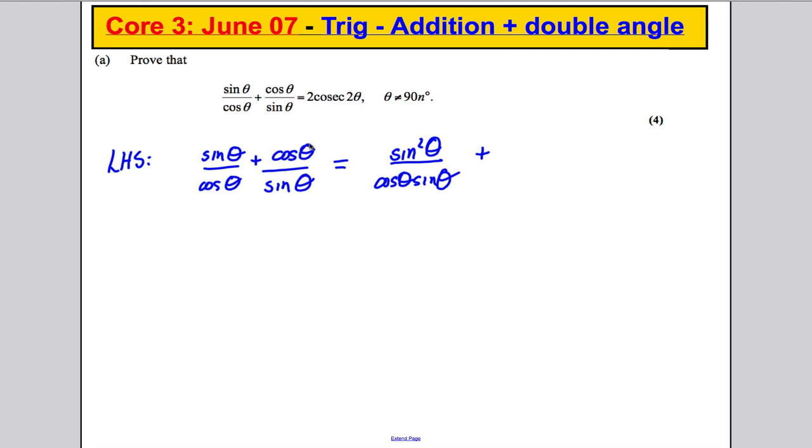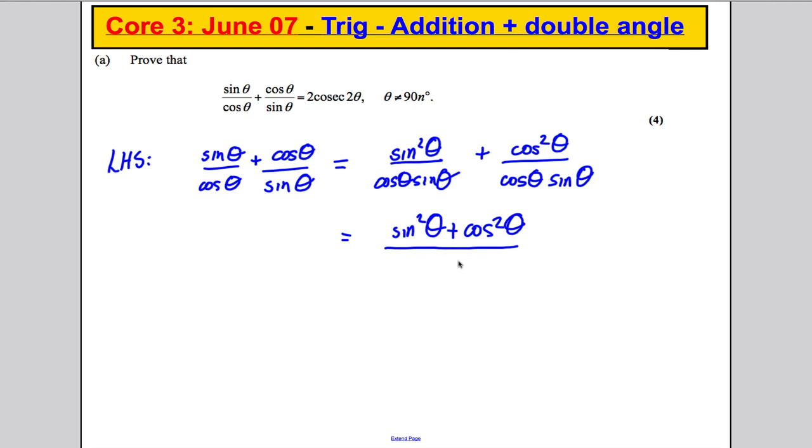And this, multiply top and bottom by cos theta, and you would get cos squared theta over cos theta sine theta. Then you could add them, so you would get sine squared theta plus cos squared theta, all divided by cos theta sine theta.